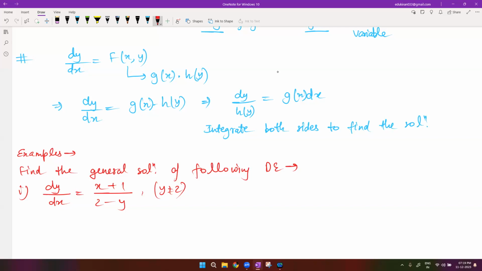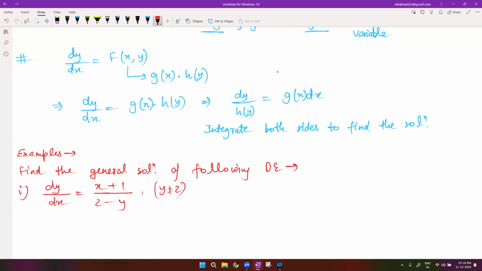Similar to area between two curves: if you are able to draw the correct figure, then half the job is done. You will be more sure that now I can find this answer. Exactly the same thing here. If you are able to identify the differential equation, half of the job is done.